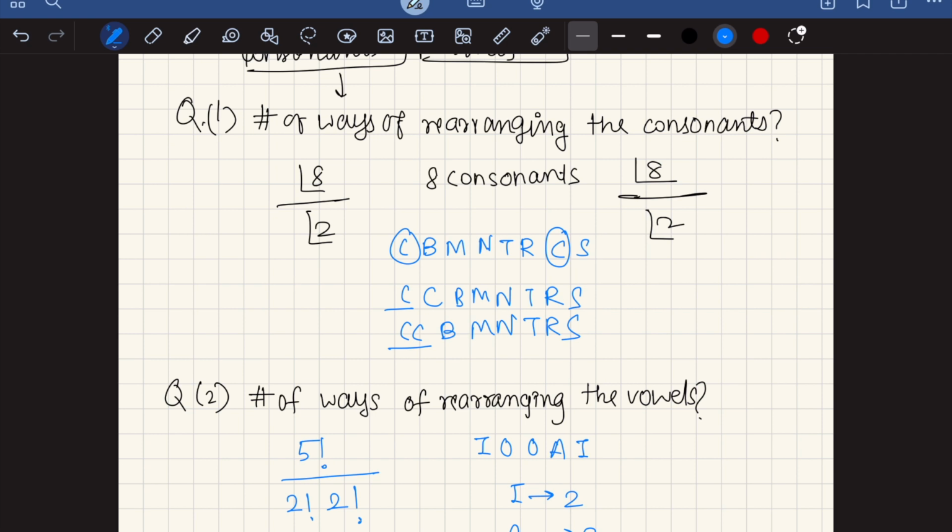So now we have partial answers to the problem that we want to solve. Now the question is, where can the block of vowels be?